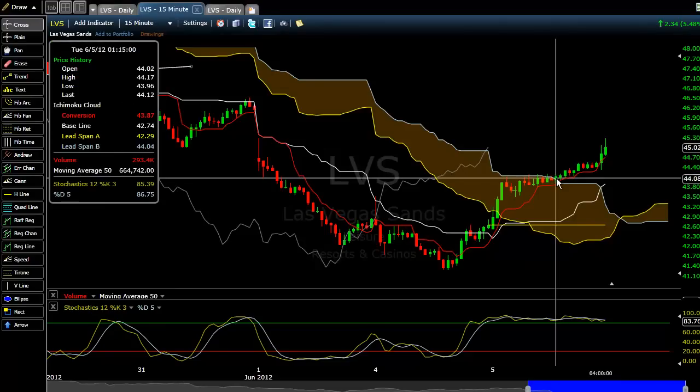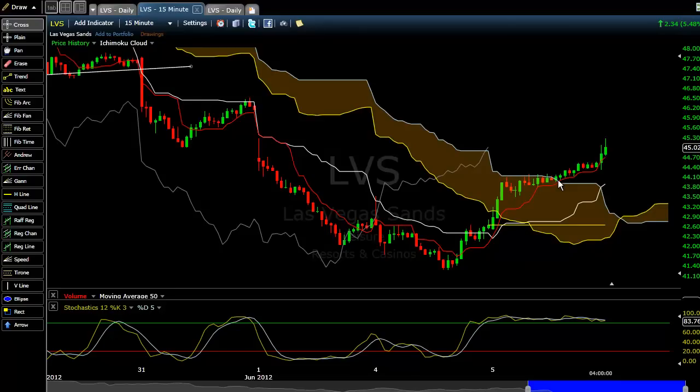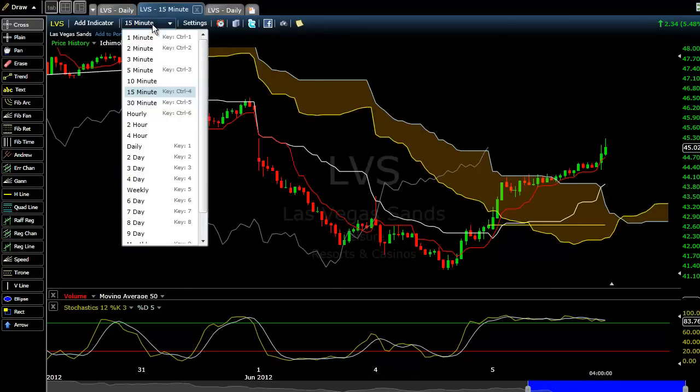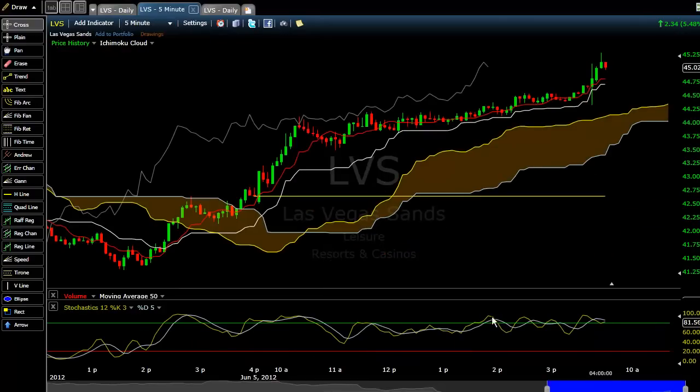So that was a dollar move once we had that Kumo breakout to the upside on a 15-minute. But we were in this trade early on in the morning, due to the fact that we had a 5-minute Kumo breakout the previous day at the close, and we were looking for a continuation, which we got early in the morning.